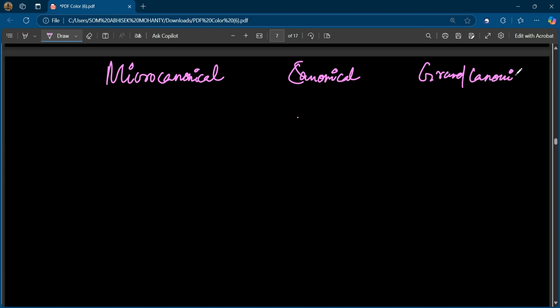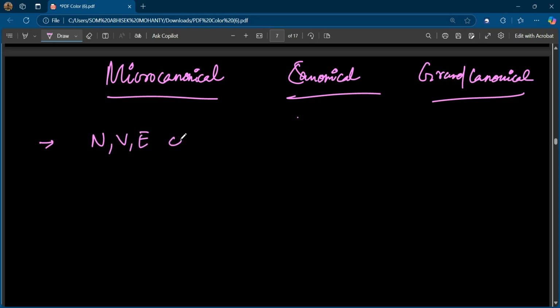These are three types of system. In microcanonical, N, V, E are constant: number of particles, volume, and energy. In canonical, N, V, T are constant. In grand canonical, mu, V, T are constant, where mu is the chemical potential.